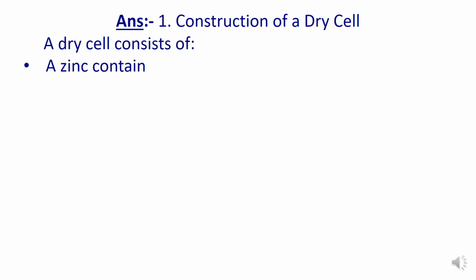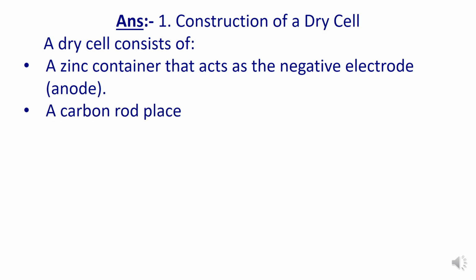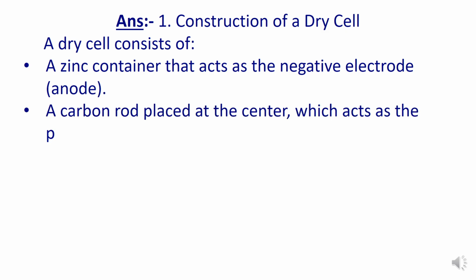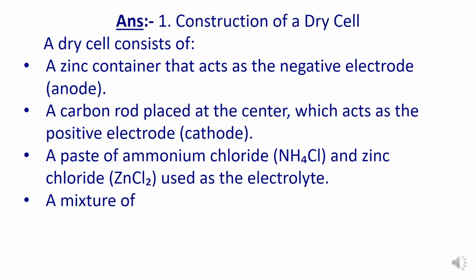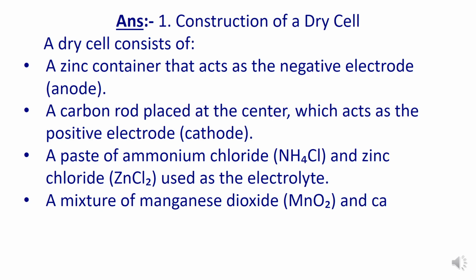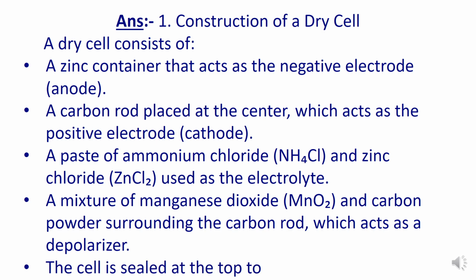A dry cell consists of a zinc container that acts as the negative electrode, anode, a carbon rod placed at the center which acts as the positive electrode, cathode, a paste of ammonium chloride NH4Cl and zinc chloride ZnCl2 used as the electrolyte, and a mixture of manganese dioxide MnO2 and carbon powder surrounding the carbon rod which acts as a depolarizer. The cell is sealed at the top to prevent leakage.